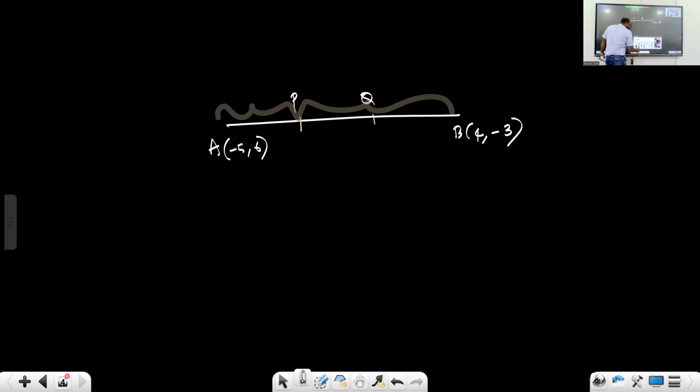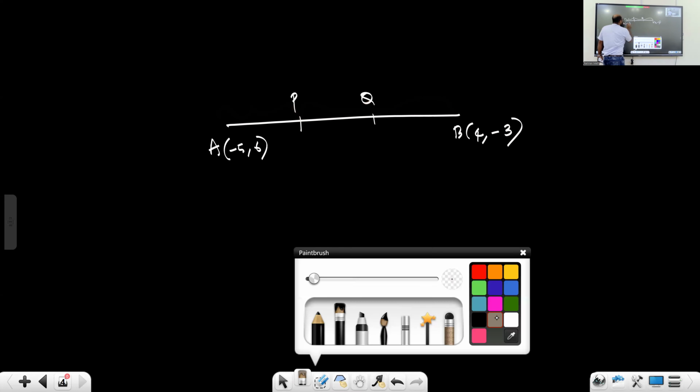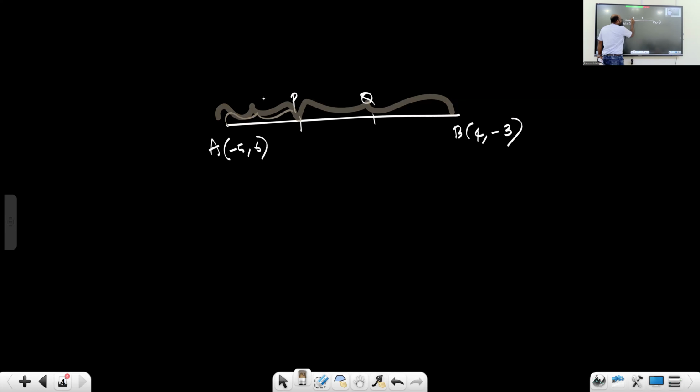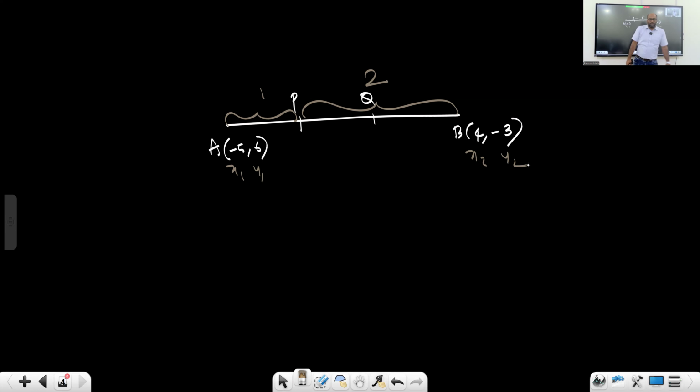It is your choice. I'm taking this as 1 equal part and this as 2 equal parts. So we got the ratio. This we call x1, y1 and this x2, y2, and here is the point of division. Please draw the diagram. After that I'll tell you.